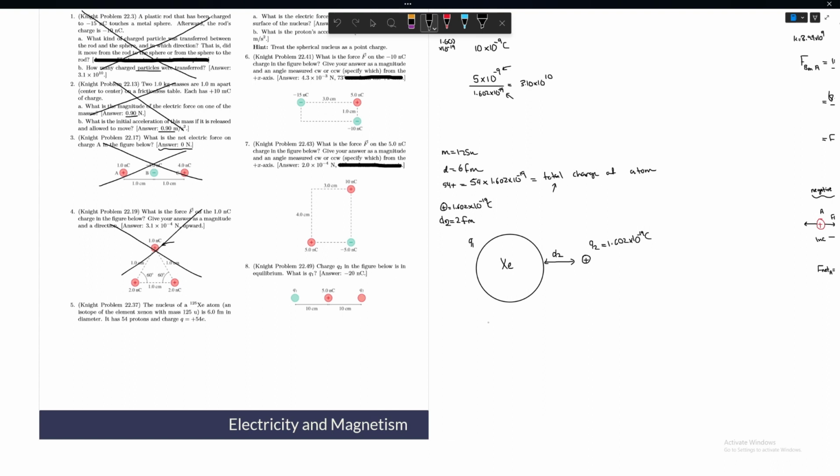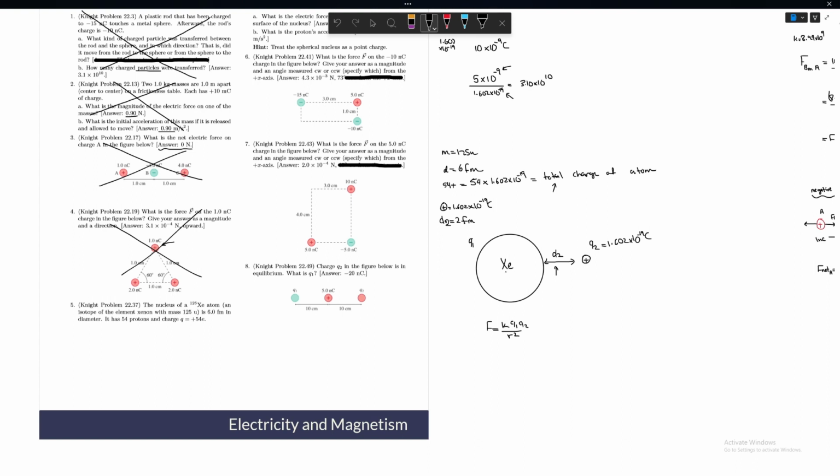What is our problem? Same thing. Force equals Q1 Q2 over R squared. Now, you're going to wonder what R squared is. It's not this, actually. Your R is always from center to center.